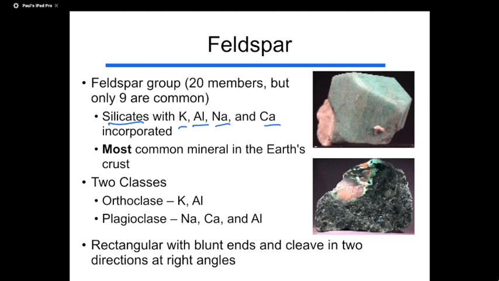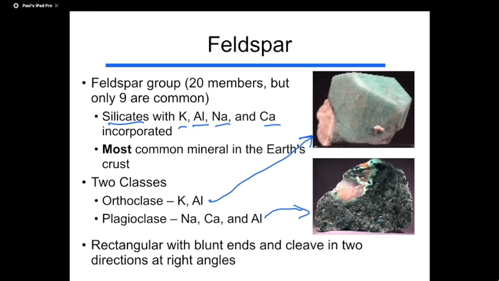Now there are 2 different classes, orthoclase and plagioclase. The way that you tell the difference is, orthoclase are the ones that are lighter in color. Plagioclase are the ones that are darker in color. And so the potassium tends to make it light, the sodium and the calcium tends to make it dark.